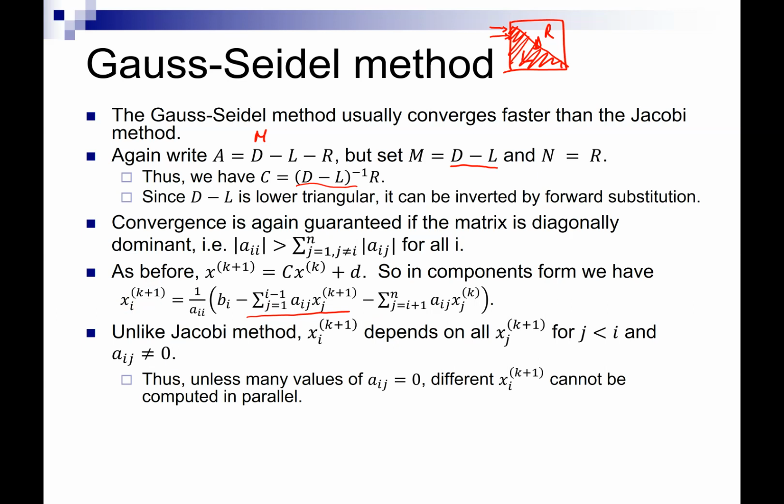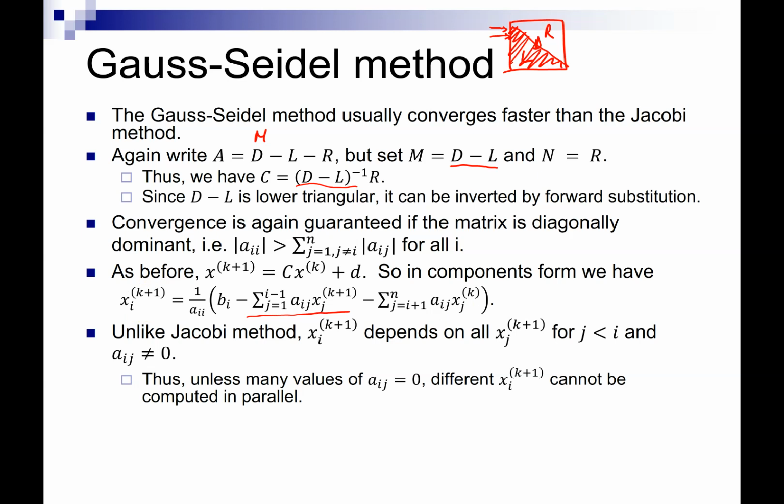Now the problem with the Gauss-Seidel method. Even though it converges faster, the problem is that for the Jacobi method, we could compute all of these components in parallel, because all of these components only depended on values from the previous x of k. So as soon as you're done with x of k, you can compute all of the components of x of k plus 1 in parallel.